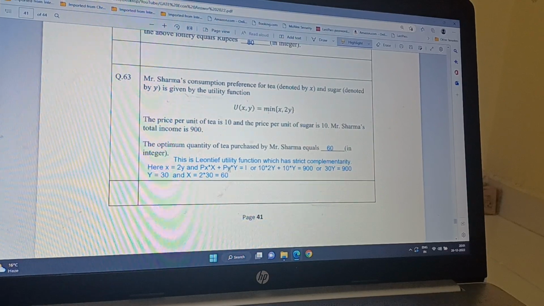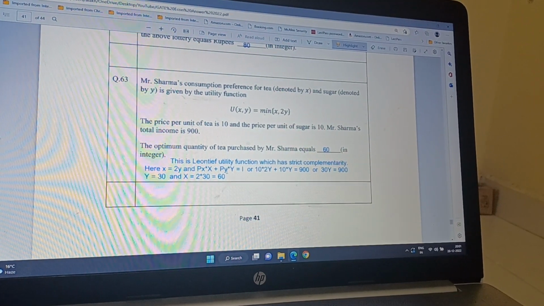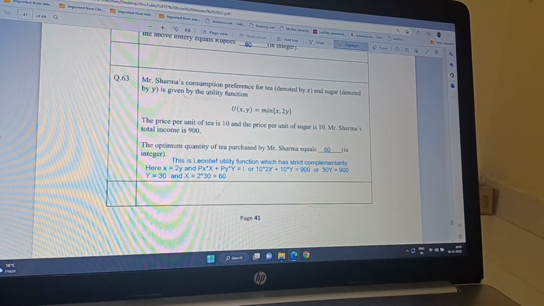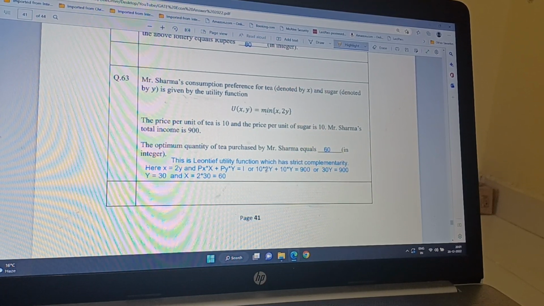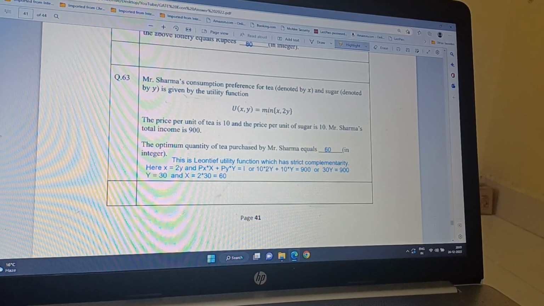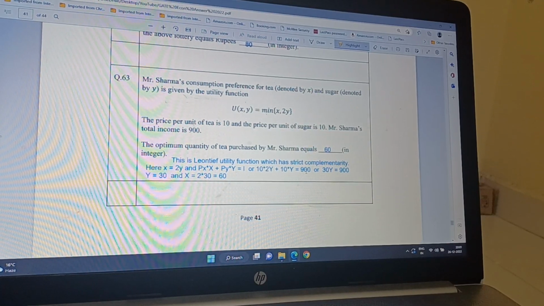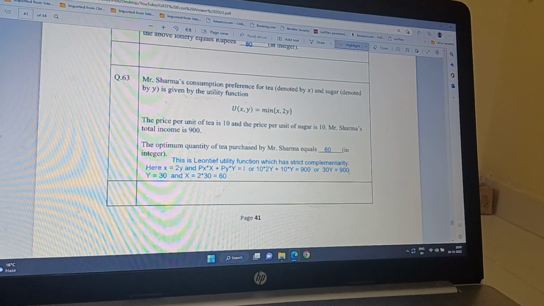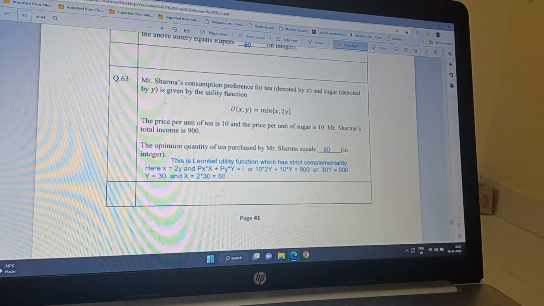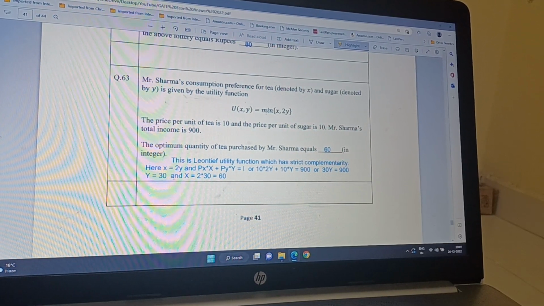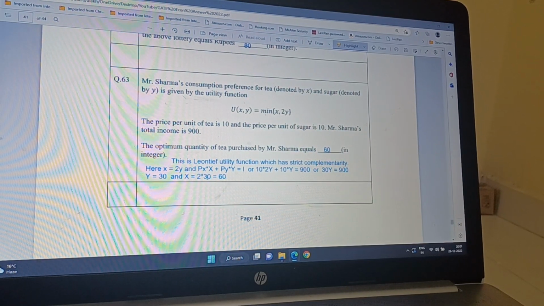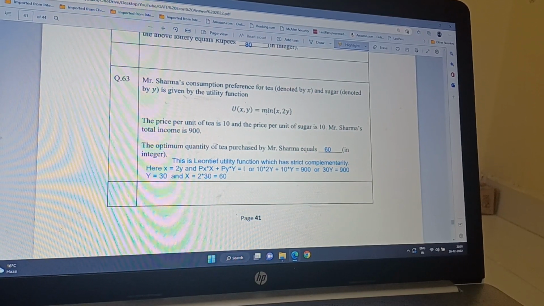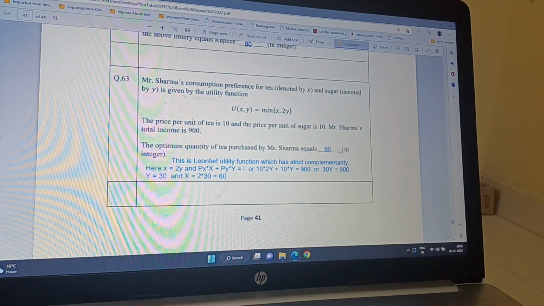So px times x plus py times y is equal to I, or 10 times 2y plus 10 times y, because I substituted x equal to 2y. That gives me 30y is equal to 900, or y is equal to 30, and since x is equal to 2y, x is equal to 60. So the correct answer is the optimum quantity of tea purchased is 60.